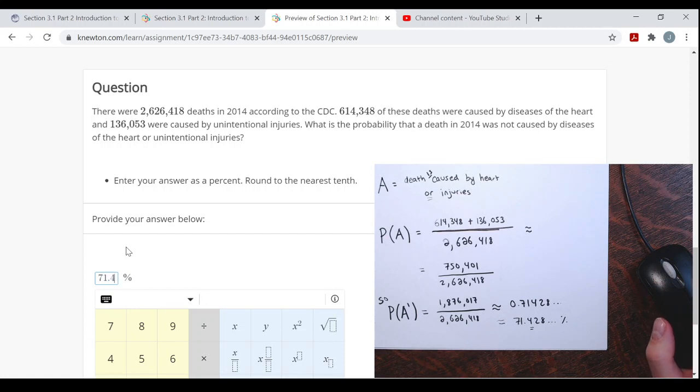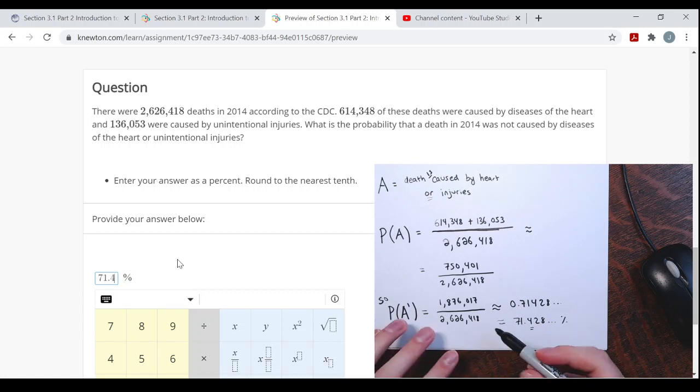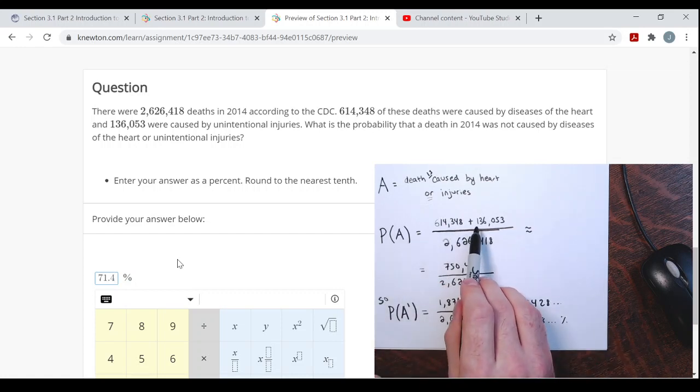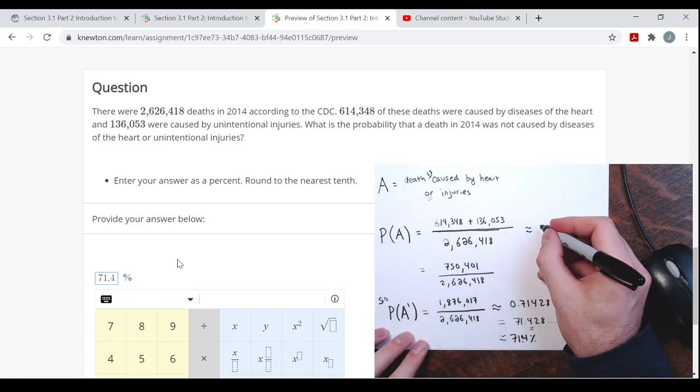So I'm going to enter here 71.4%. The probability that a death was not caused by disease of the heart or unintentional injuries. And if this is 71.4%, then the probability that they were caused by the heart or injuries is going to be approximately 28.6%.